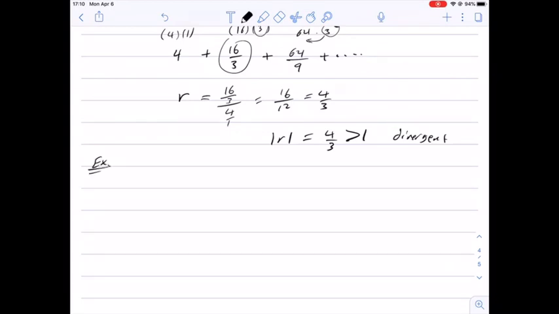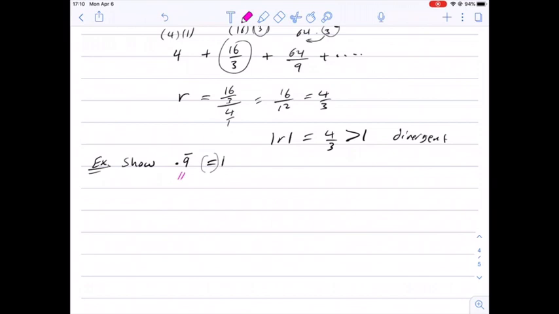Let's take another example or application. We want to show that 0.9 repeated infinitely equals 1, exactly equal to 1, not an approximation.